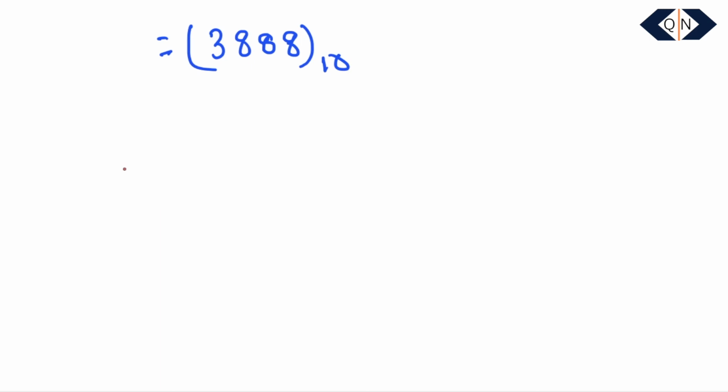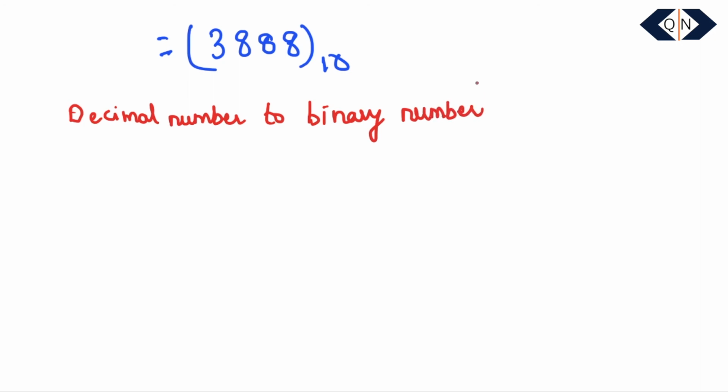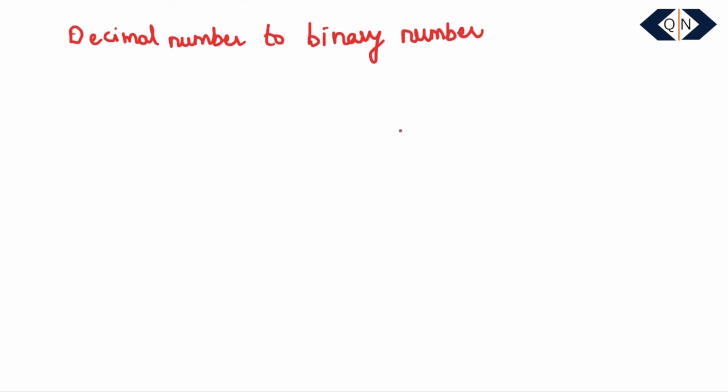So now we are going to convert a decimal number to a binary number. Starting with some random number, let's take any number, for example 21.